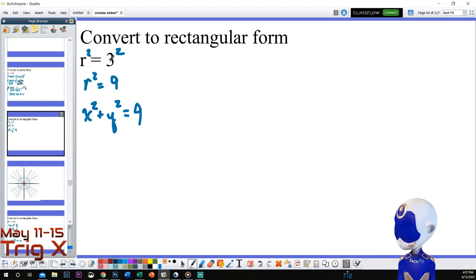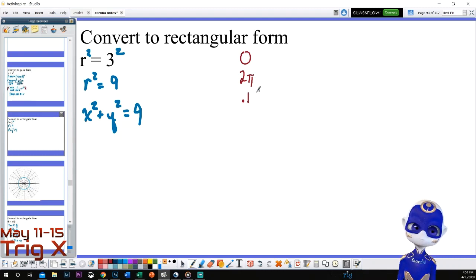Next, I'm going to go to the window. I want my window to go 0 for your theta minimum. Your theta max is going to be 2 pi, and after you hit enter, it's going to turn it into a decimal. That's okay. Our theta step, you want it to be something really small, so maybe like 0.1. Remember, that step is telling the calculator how often to take a picture of your graph as it's being graphed around.